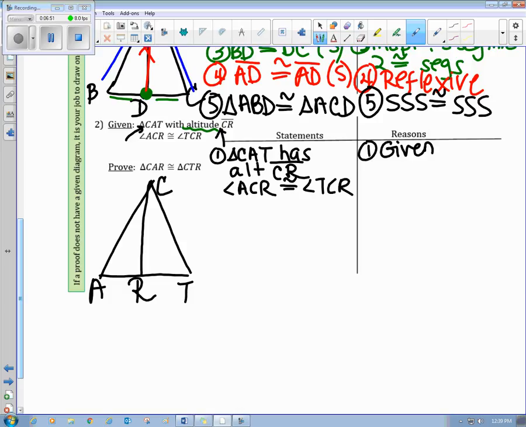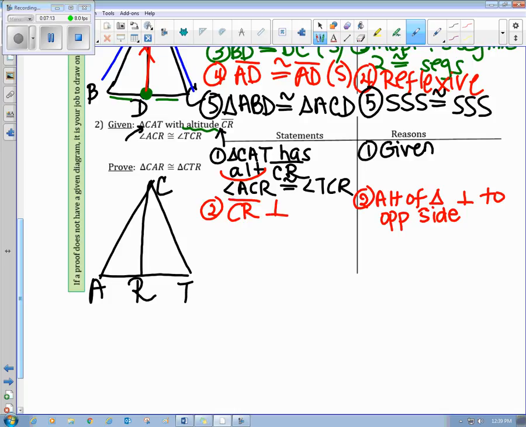I'm going to pick to work with this altitude first. So in this proof, I see that I have this altitude. As soon as I know that I have an altitude, I'm going to say altitude of triangle is perpendicular to the opposite side. And I'm going to indicate who that altitude CR is perpendicular to, which in this case, when CR comes down and hits the opposite side, it's perpendicular to AT.